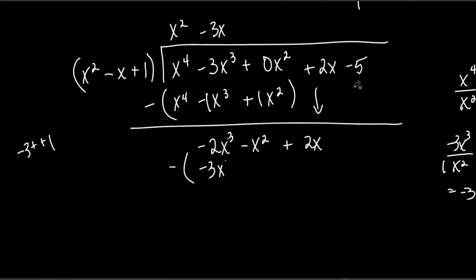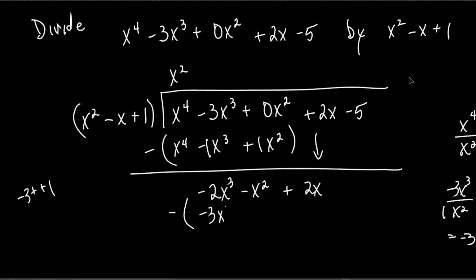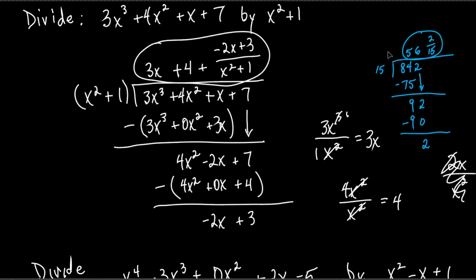Negative 2x cubed minus x squared plus 2x. That's right. Oh, that's my fault. My fault. Do you remember? This is what I did.